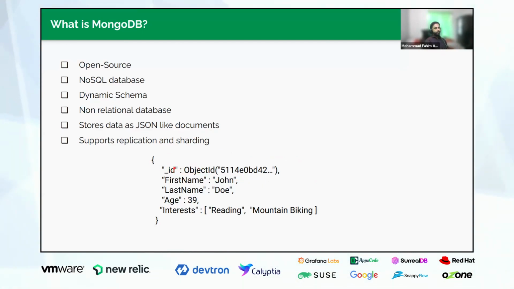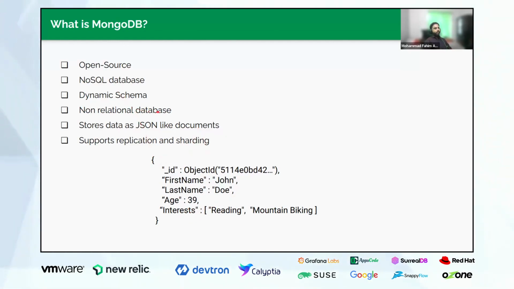You can have 5 data fields for your first document, and 2 for your second document, etc. So there is no defined schema. You can use a dynamic schema. Also, it's a non-relational database. Non-relational means, we know that tables have some relation between them, but in this case, a document doesn't have any relation with other documents.